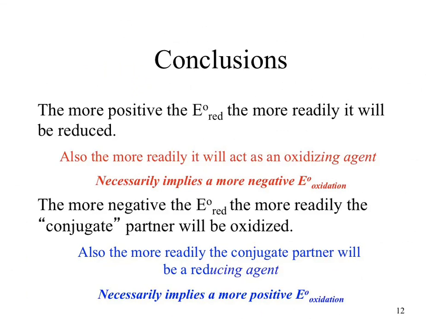This also implies a necessarily more negative oxidation potential. So the more positive your reduction, when we change the sign and look at the oxidation, becomes a more negative oxidation potential. We could look at the negative reduction potentials, and we would expect that conjugate, the one on the product side, would be more likely to be oxidized.